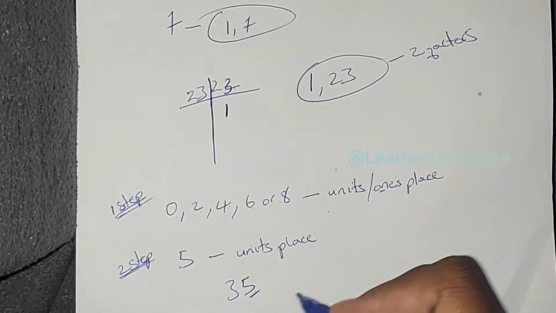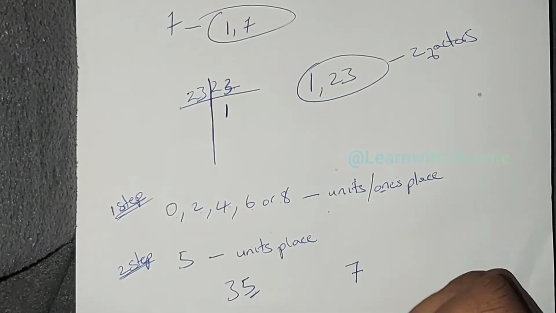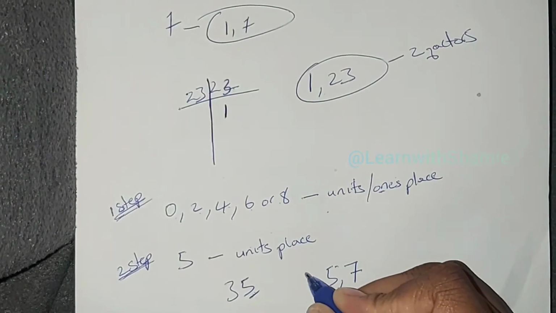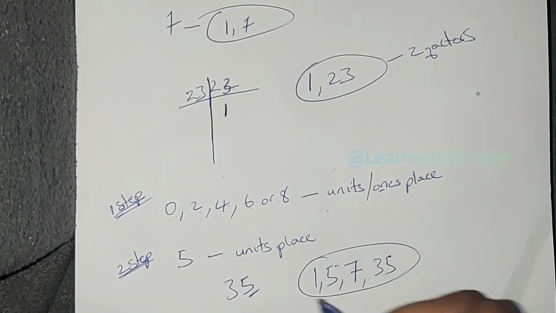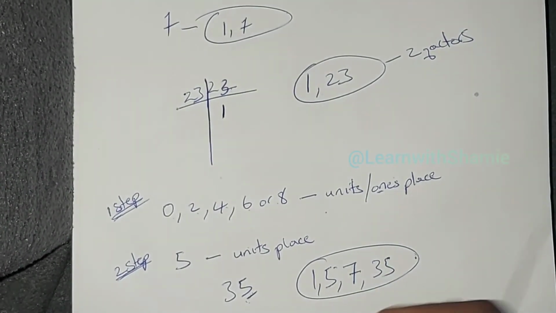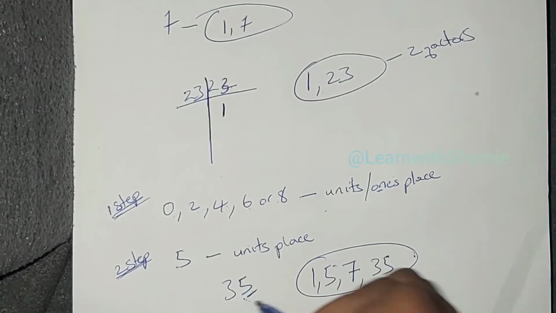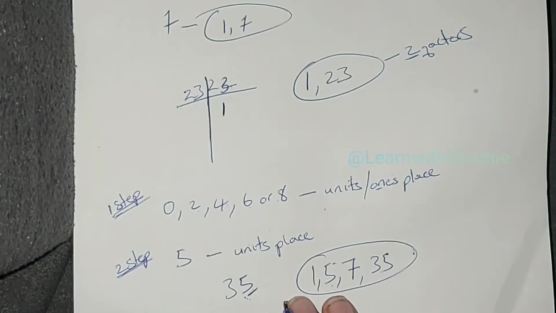So you'd say 5 into 35 goes 7 times, and 7 can go into 35. So therefore you would end up with 5, 7, 1, and 35 as factors of 35. Therefore 35 is not a prime number because prime numbers only has two factors.